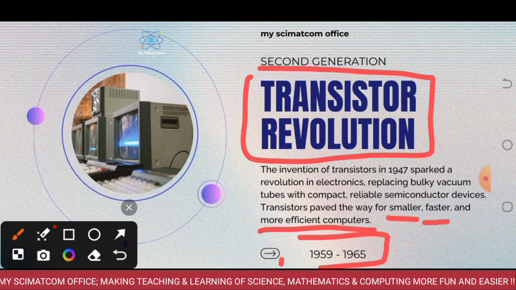Not only that, they were also less expensive. And because the transistors are semiconductors, they avoided the overheating of the first generation computers. The second generation didn't overheat so much because of the semiconductor transistors in it.